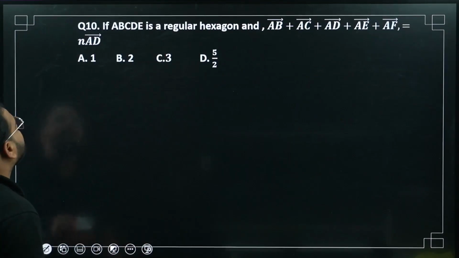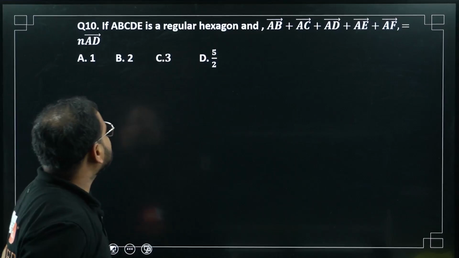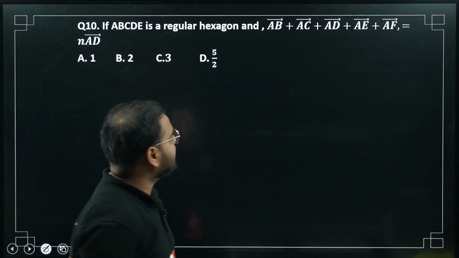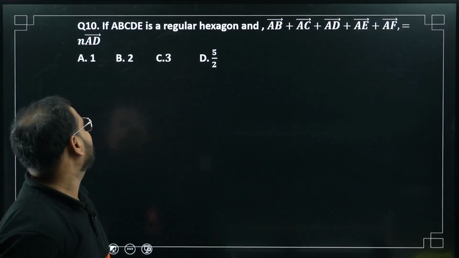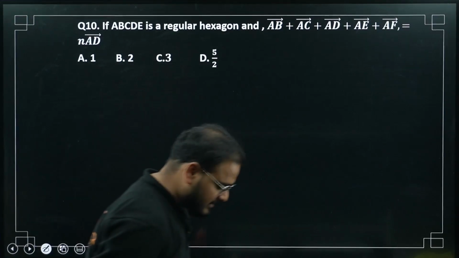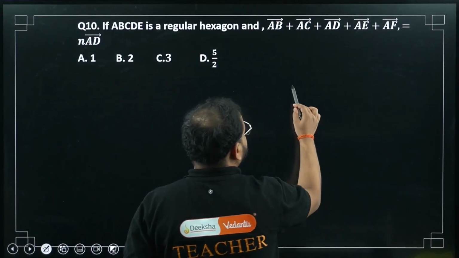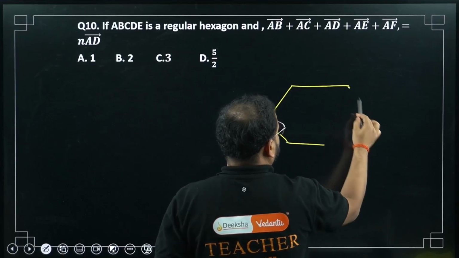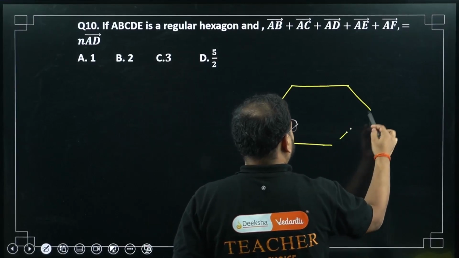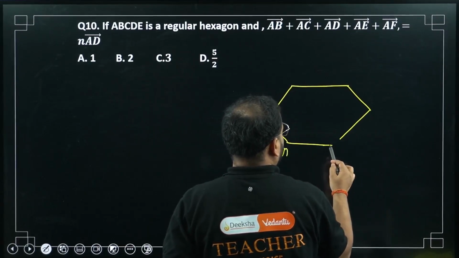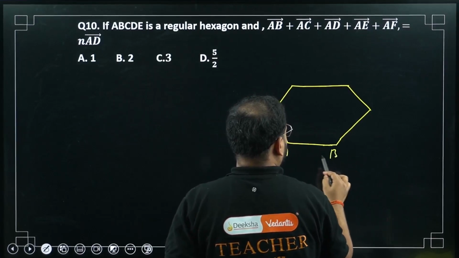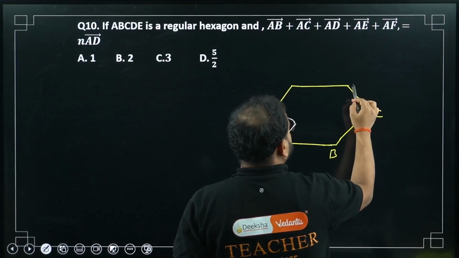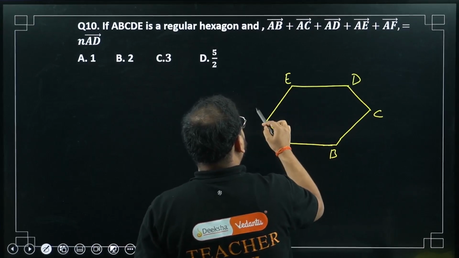Moving on to question number 10. ABCDEF is a regular hexagon, and AB plus AC plus AD plus AE plus AF equals n times AD. Hexagon. Let's draw the hexagon, bacha. Okay. AB, CD, EF.